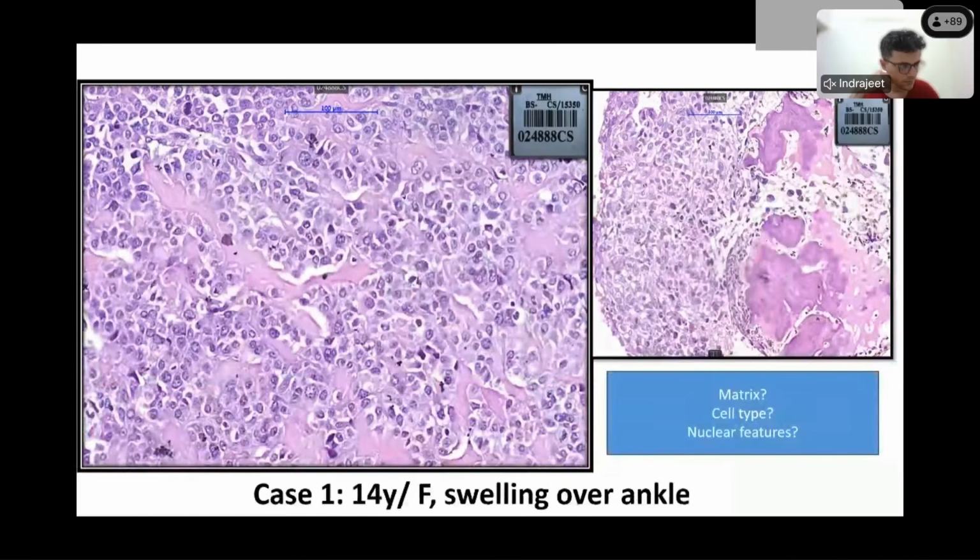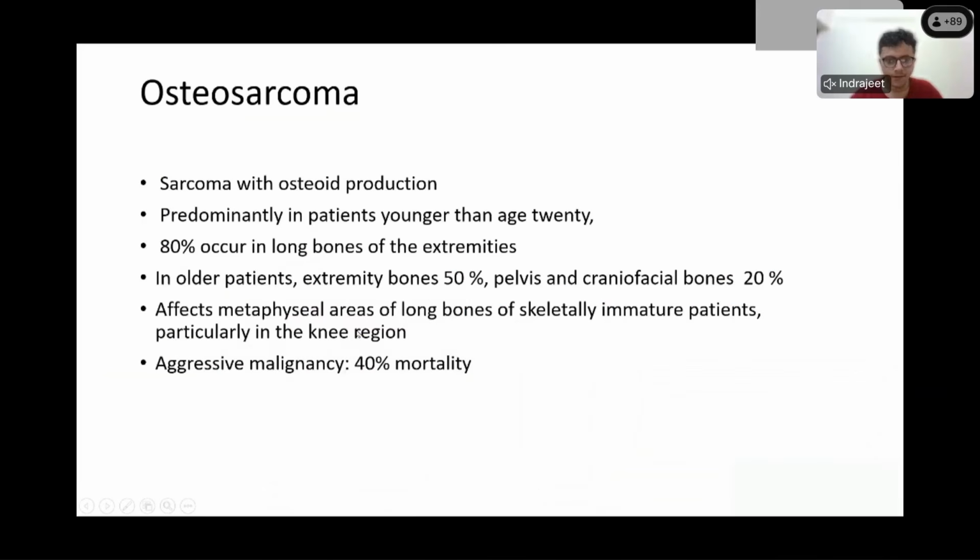But this image is your go-to image, your index image. So an osteoid producing tumor, there is osteoid matrix, the cell type is osteoblastic, which is showing clear signs of malignancy in terms of the nuclear features and mitotic activity, right? So this is a high-grade conventional osteosarcoma. Osteosarcoma is a sarcoma with osteoid production.